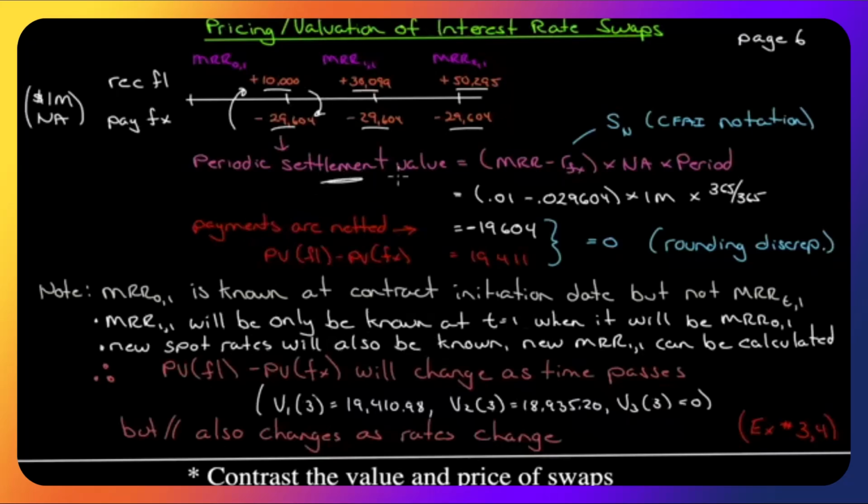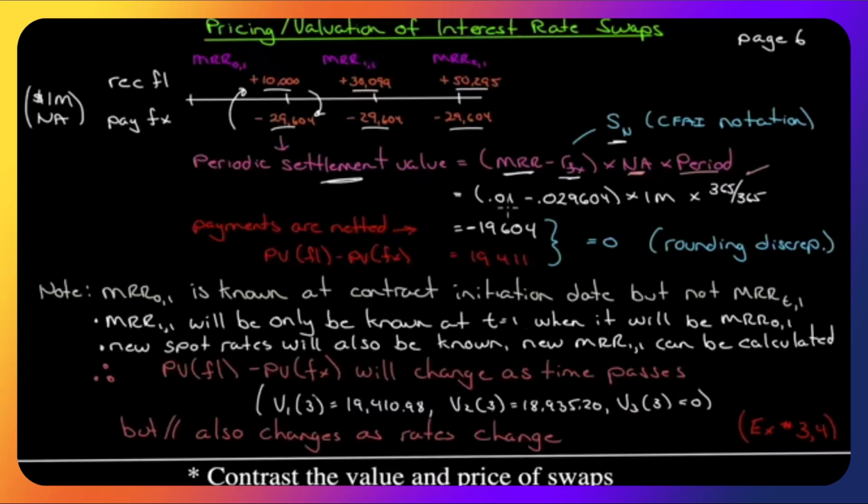So periodic settlement, we have three periodic settlements, is just MRR minus the fixed rate. And I make the note here that CFAI likes to use S sub n. So it's whatever the floating rate is minus the fixed rate times the notional amount times the period. We've set it up so that it's annual, so it's 365 over 365. It could be quarterly, it could be semi-annual.